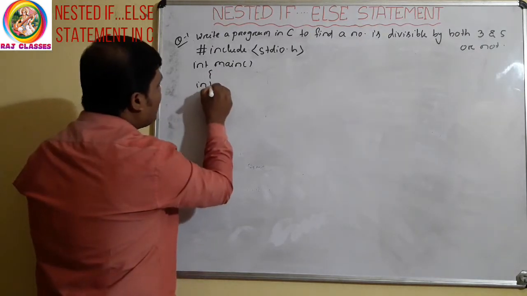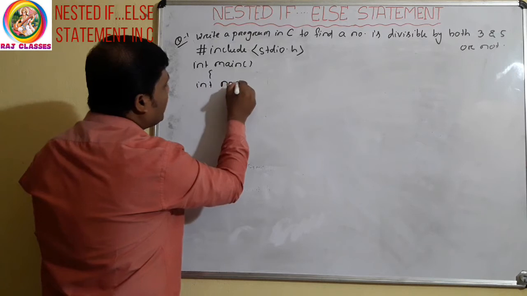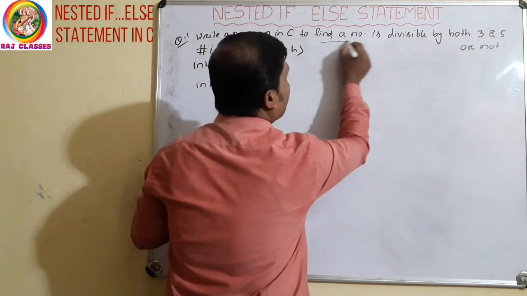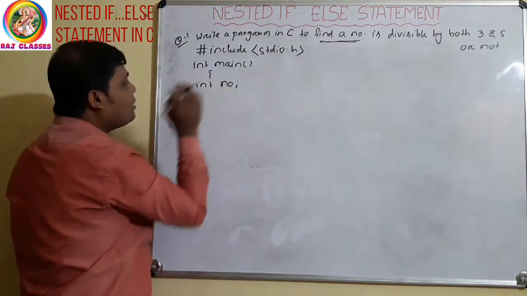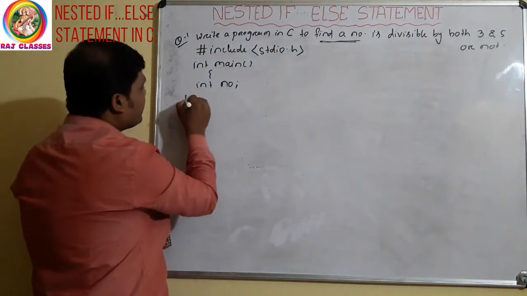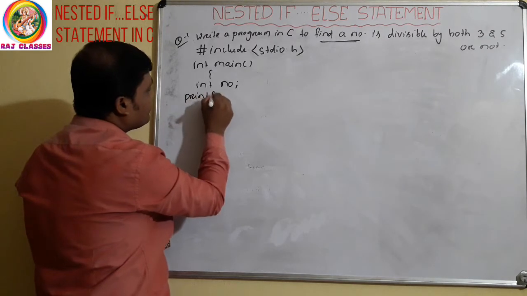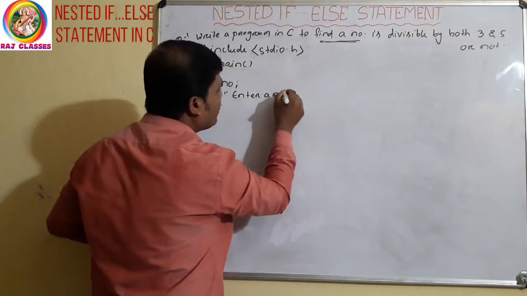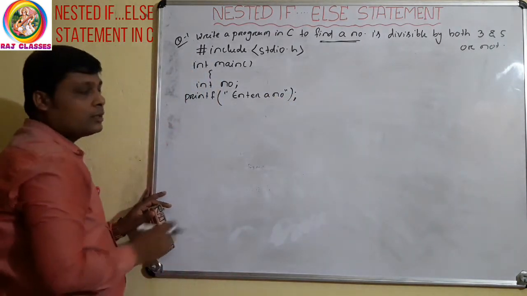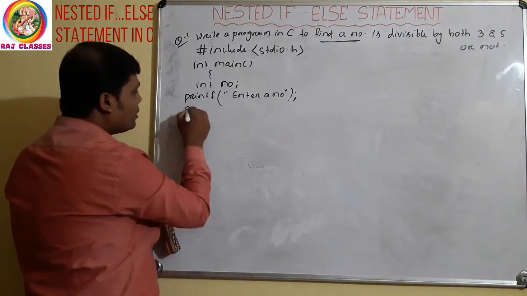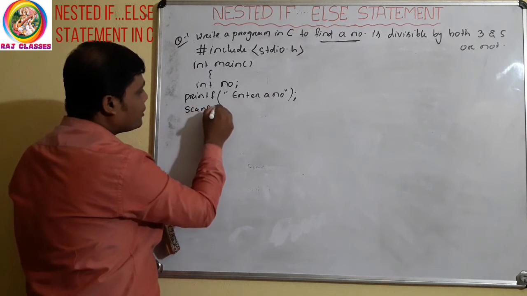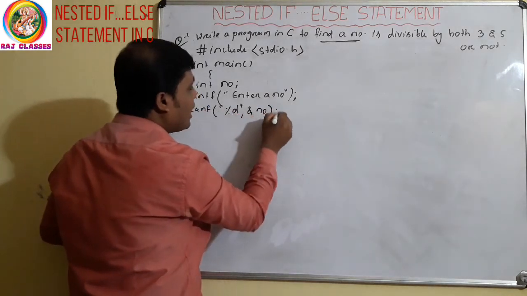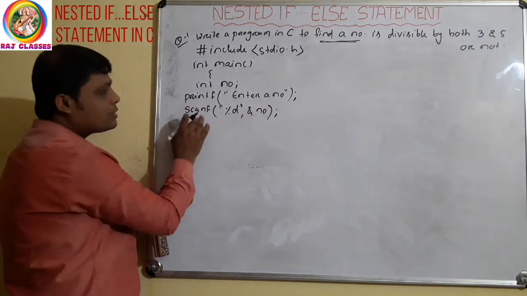Then I am taking one variable number, which is for finding the number. Then printf "Enter a number". This is one message. After this, scanf "%d", &number. I am inputting the number through scanf.